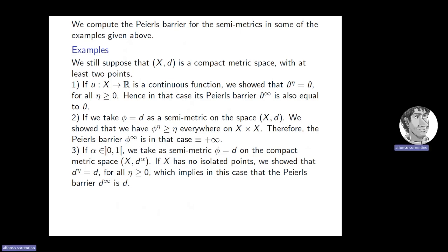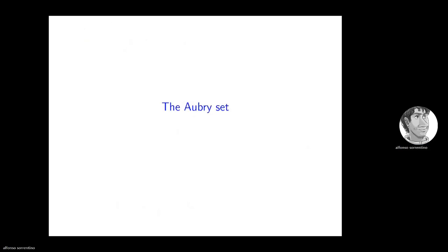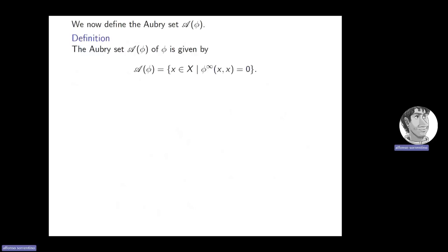So the Peyerimhoff barrier is d. Now let me come to the Aubry set. Once we have the barrier, the Aubry set is defined as the set where phi infinity of xx equals 0. Of course, the Aubry set can be empty in case phi infinity is plus infinity identically.